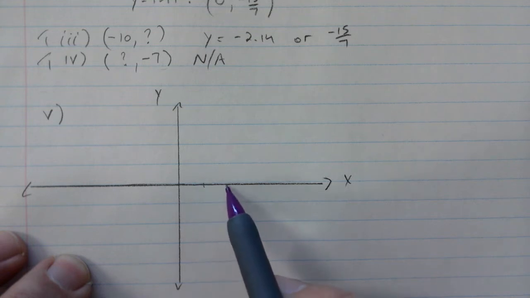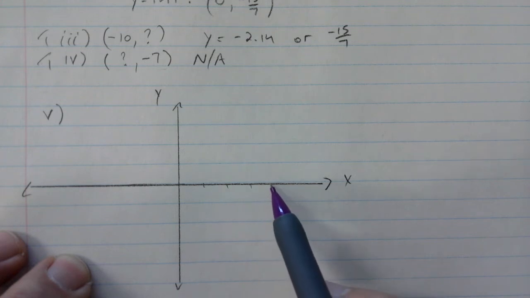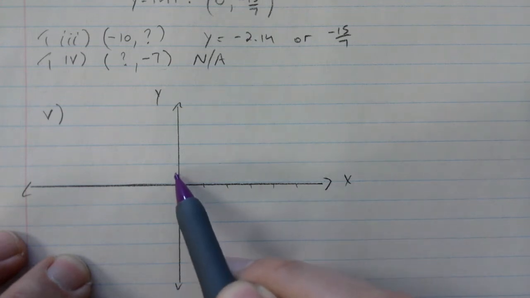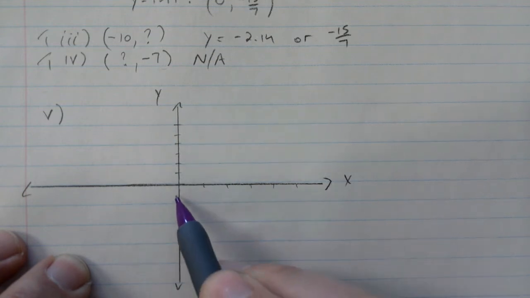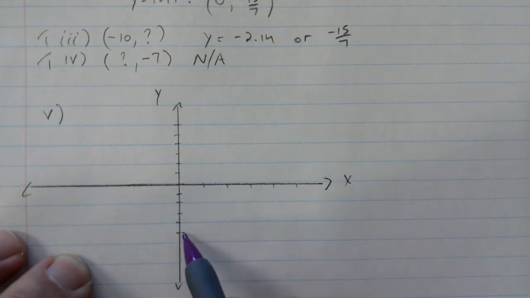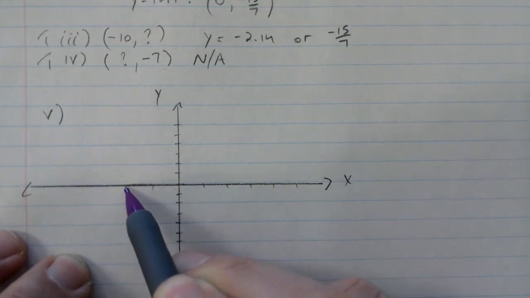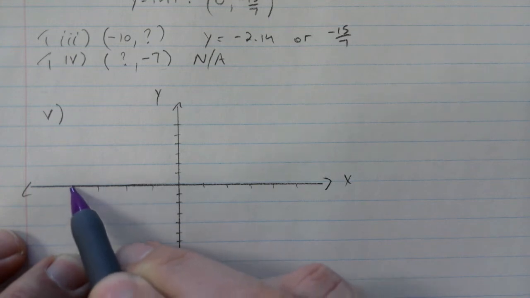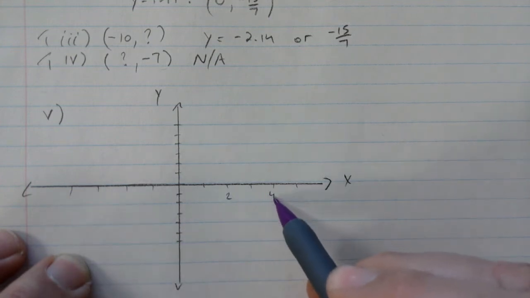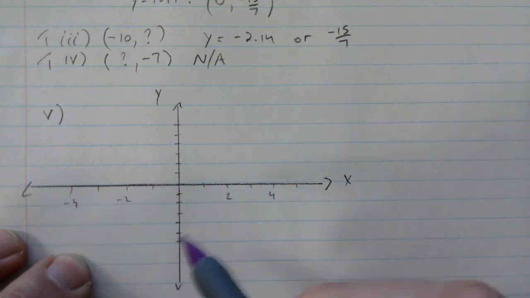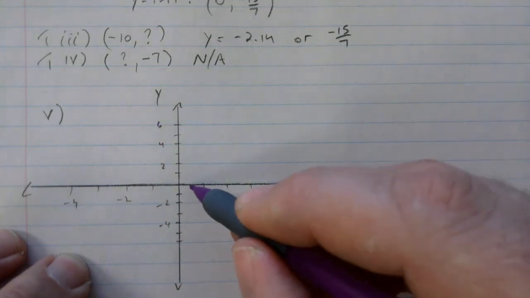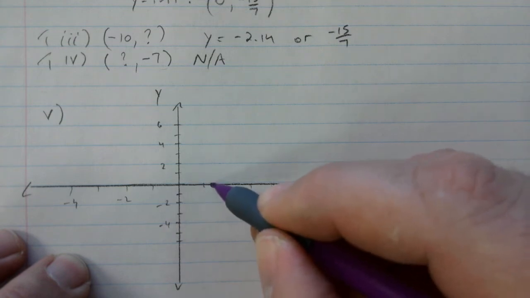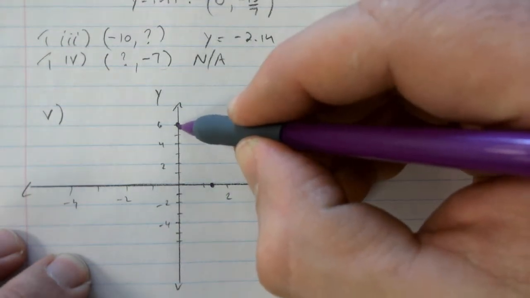So really, if I just go by 1, that's fine. I'm just going to go a little bit smaller here. Okay, so this is 2, 4, -2, -4, 2, 4, 6. So 1.2 would put me right about here. 0, 6 goes up here.